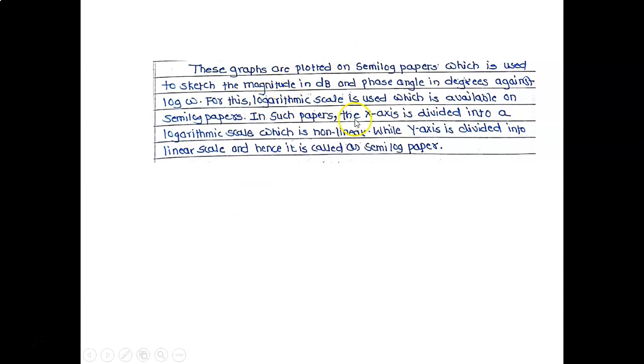These graphs are plotted on semi-log paper which is used to sketch the magnitude in dB, that is decibels, and phase angle in degrees against log of omega. For this, logarithmic scale is used which is available on semi-log papers. In such papers, the x-axis is divided into a logarithmic scale which is non-linear, while the y-axis is divided into a linear scale. Hence, it is called semi-log paper.